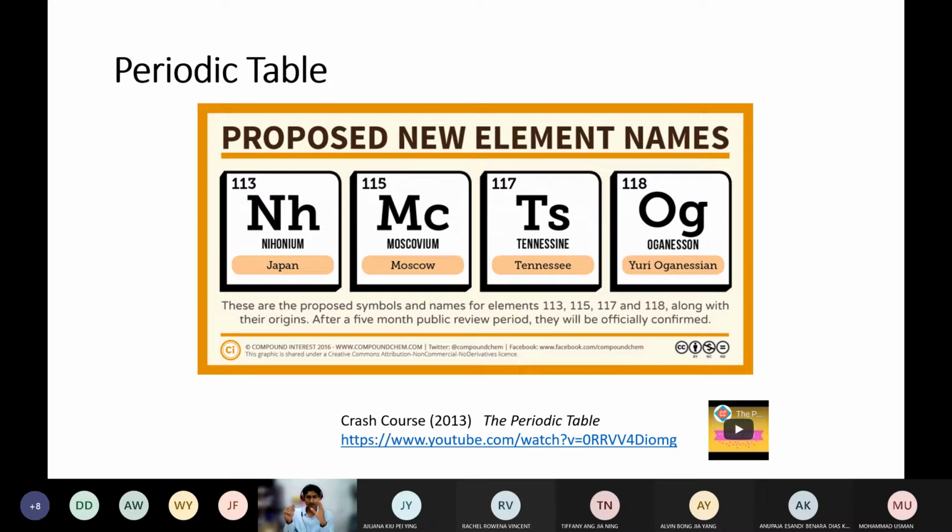There are 5, 2 in the US, 1 in Russia, Japan, Germany, these types of places only. So only from those labs will the elements come out, and that is why the element's name will follow the places where they were developed.